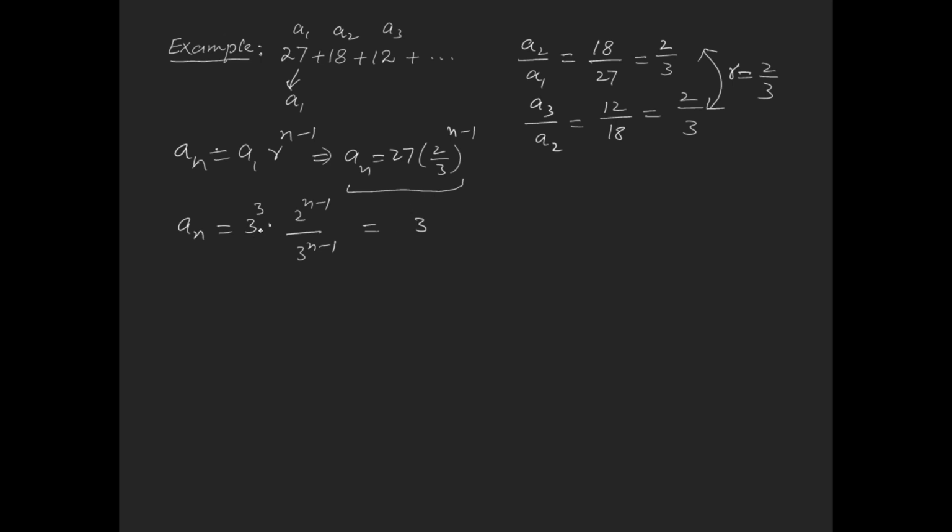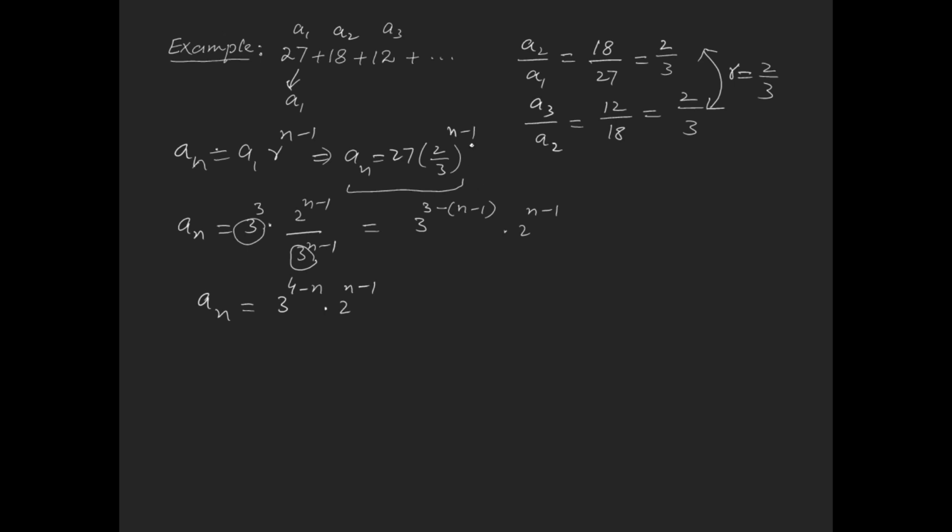Now bases are same, so we will write 1 base 3 and power 3, and this power will be subtracted, and multiply 2 power n minus 1. So this means an is equal to 3 power 4 minus n and multiply by 2 power n minus 1.